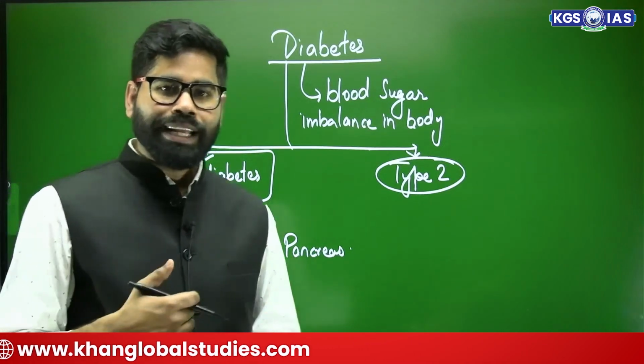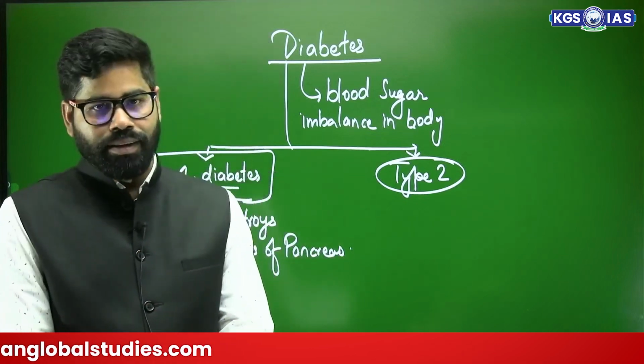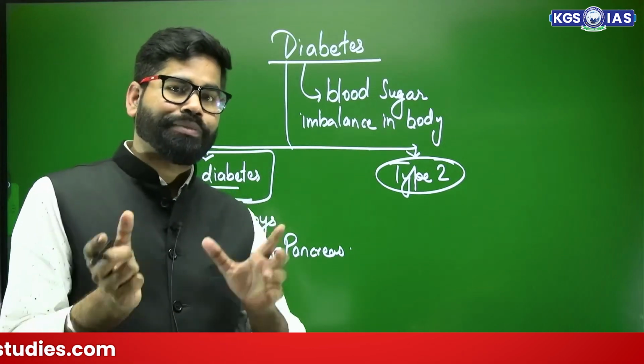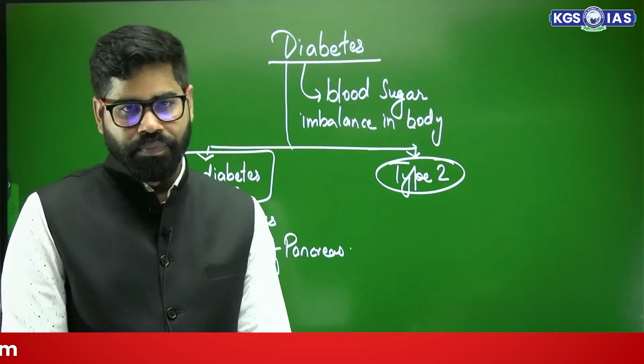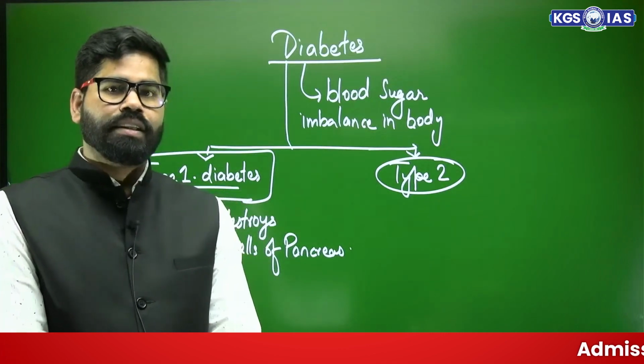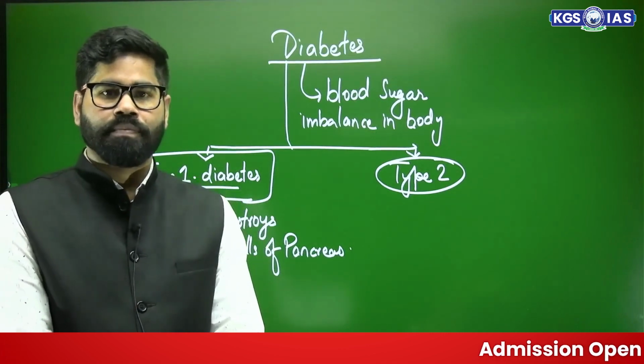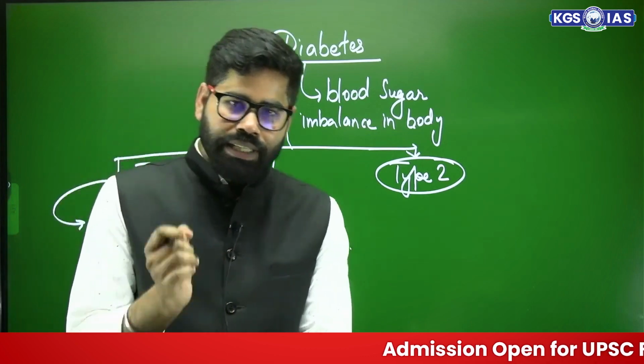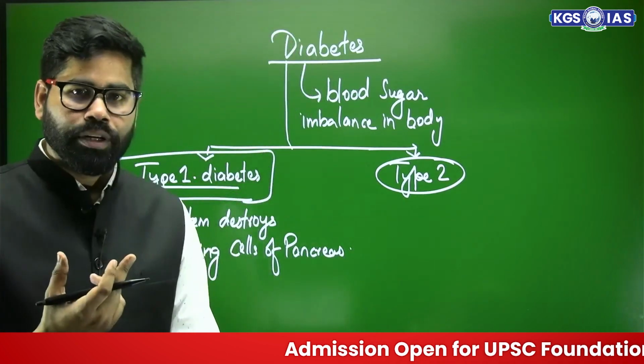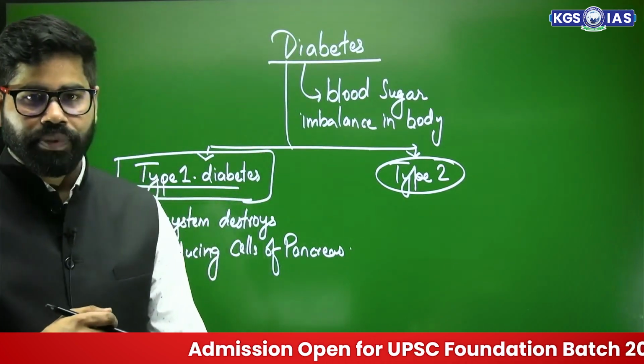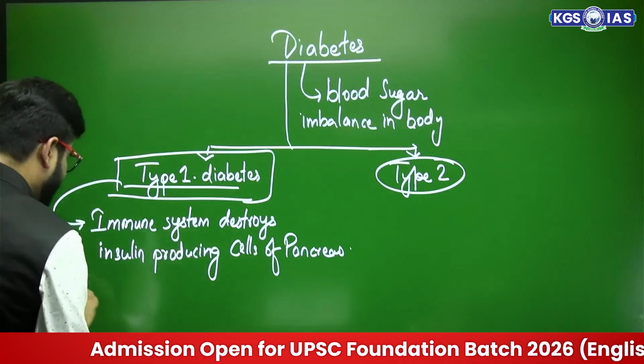The body is automatically killing the insulin producing beta cells of the pancreas. And this is something which develops in the childhood or adolescence phase. Usually it develops during childhood itself.